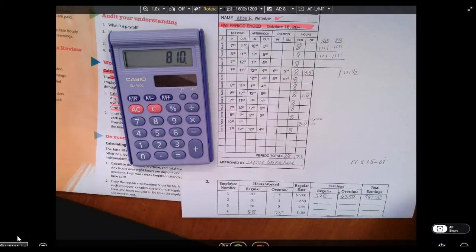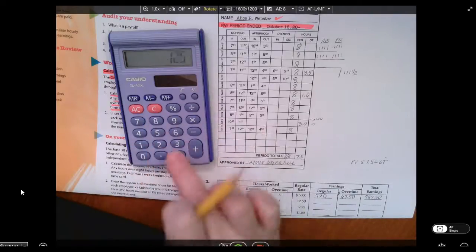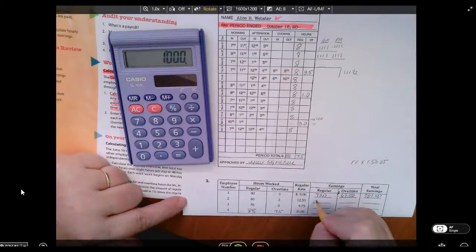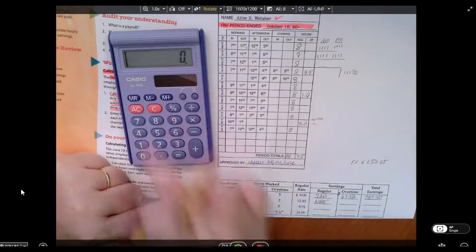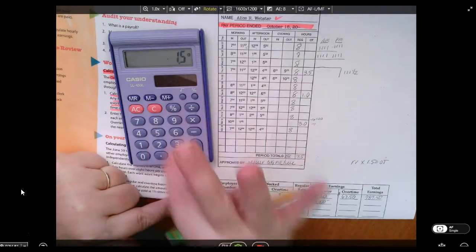Let's look at the next person. So now let's look at the second employee. They work their 80 hours a week. Their rate is $12.50 an hour. Their regular earnings is, now do their overtime, $12.50 times 1.5.